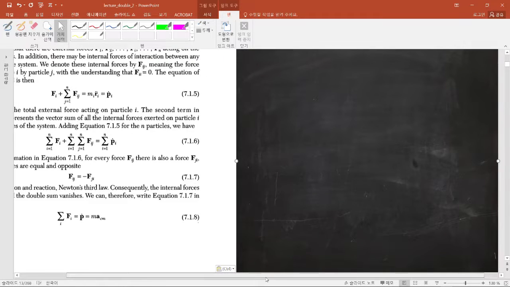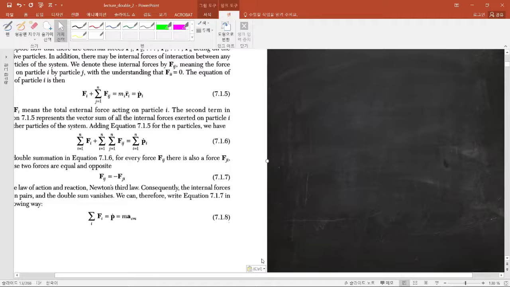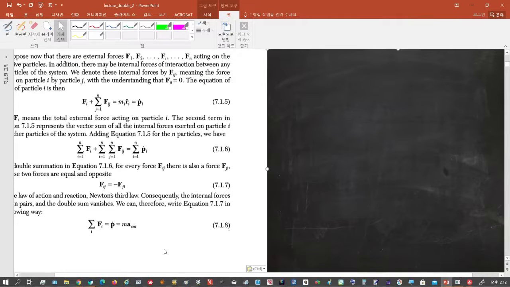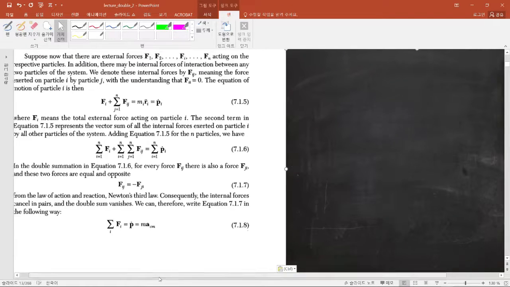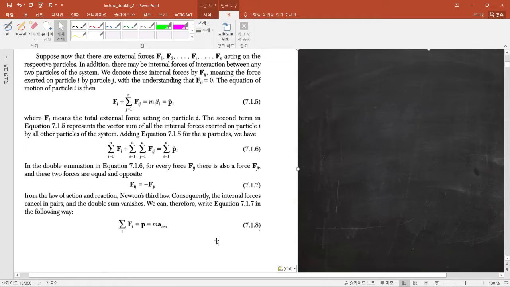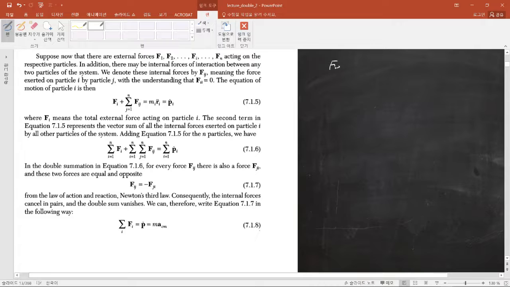And we are going to show that if an external force acts on a rigid body with a center of mass, the effect of the external force is precisely as if it were acting on the center of mass.